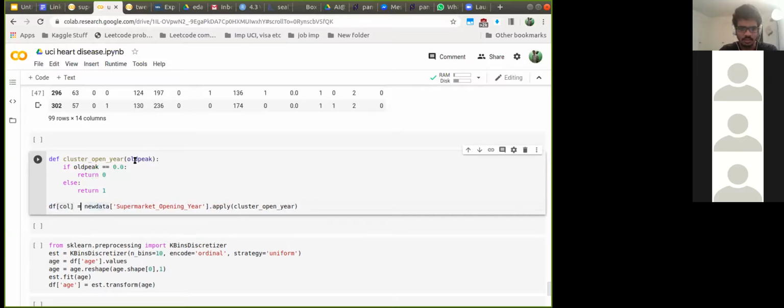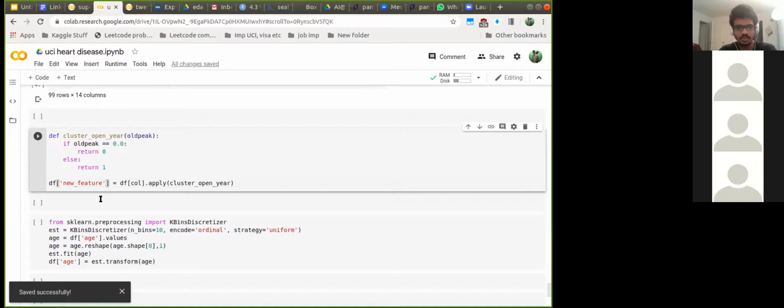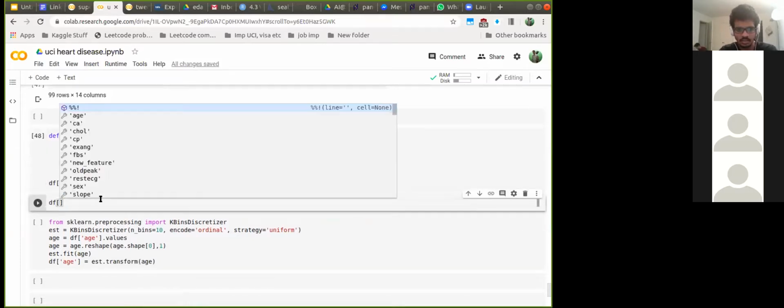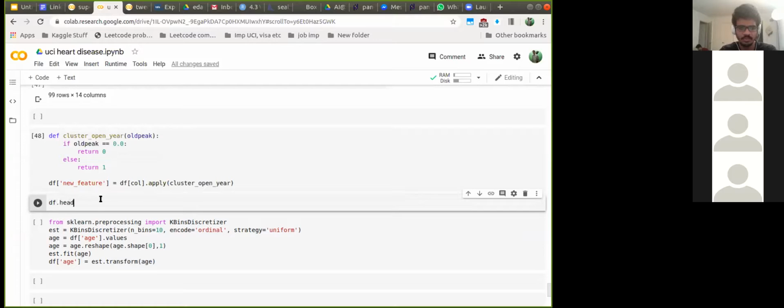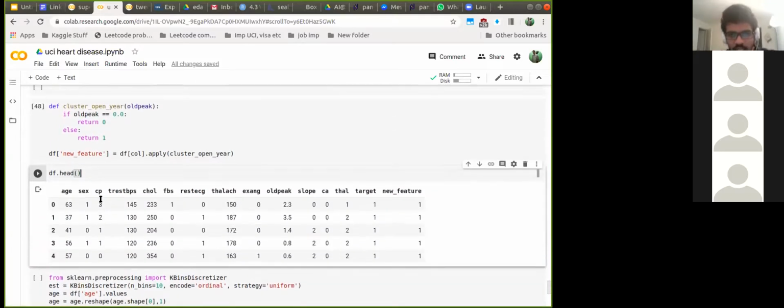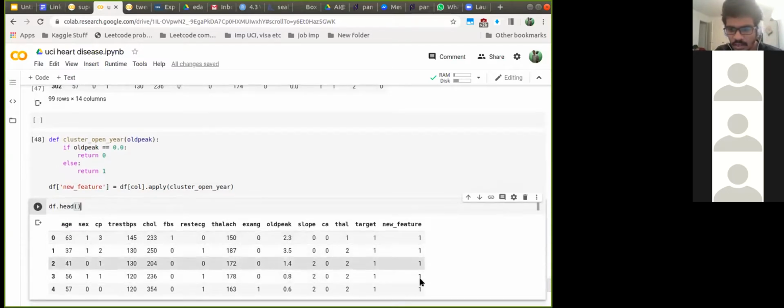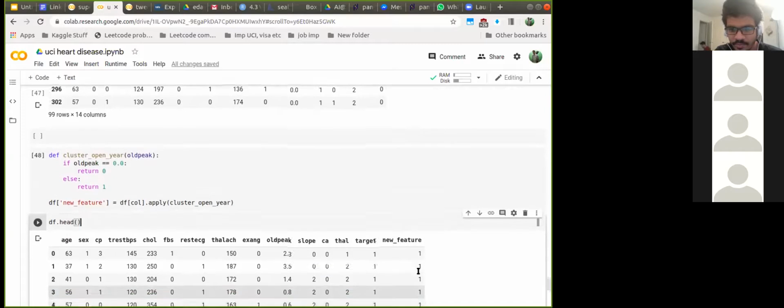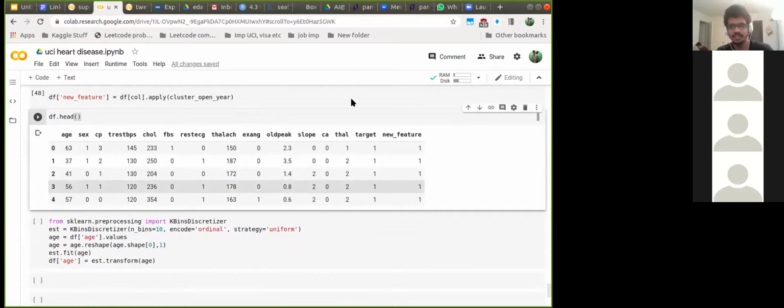So yeah, these are some of the techniques for feature transformation that we can use. And so I guess that's it.